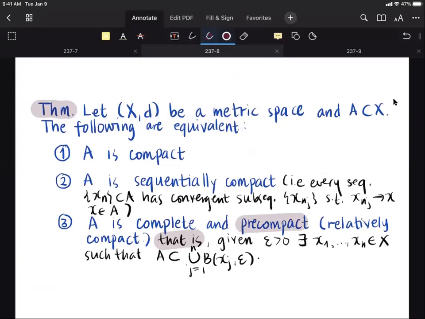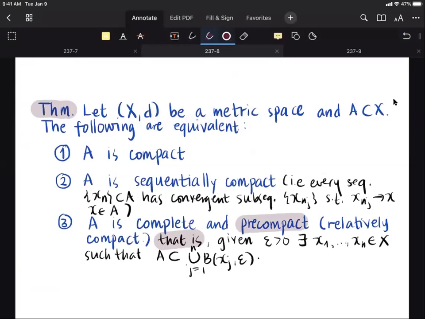So the centers are not necessarily in A. Okay? So they can be in the ambient metric space X. And in general, this number n, the number of centers, depends on the given epsilon. And probably, in general, the smaller the epsilon, the larger the number of elements that you need.